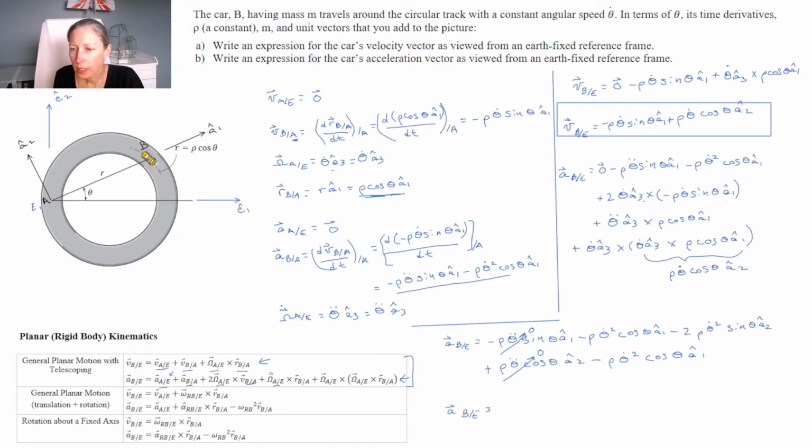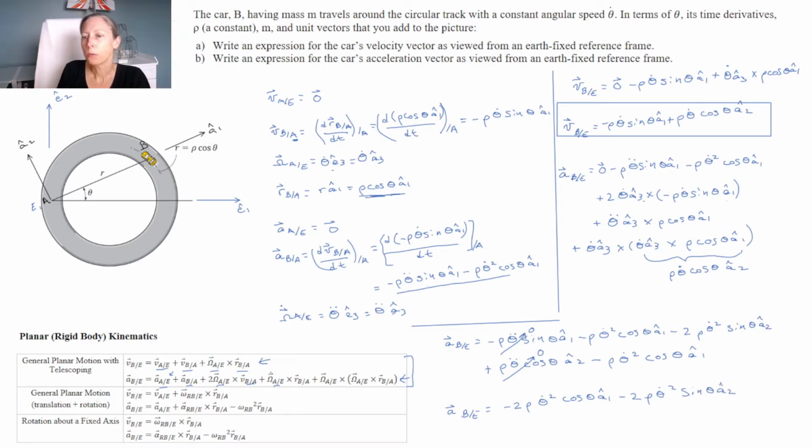So for A1, we're going to get -2 rho theta dot squared cosine theta A1, and then -2 rho theta dot squared sine theta A2.